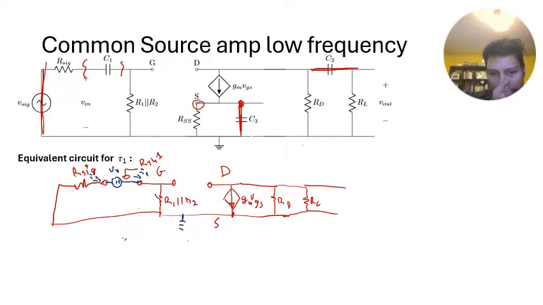Additionally, we have to realize that in this particular case, we don't have to worry about what VGS is because we're on the other side of the circuit, and so we don't really interact with that current.